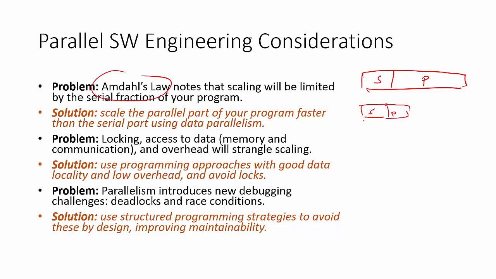So here's the serial part. In here we have running on one processor, and here we have on n processors, and this is then the parallel code divided by n processors with ideal speedup.